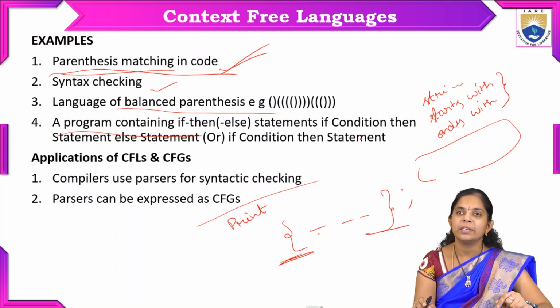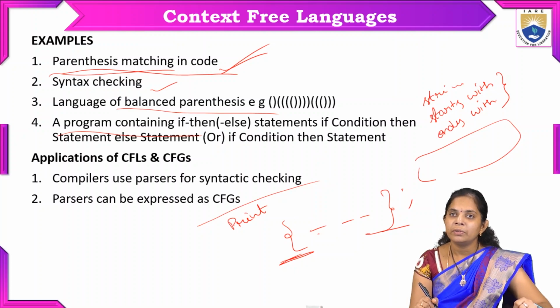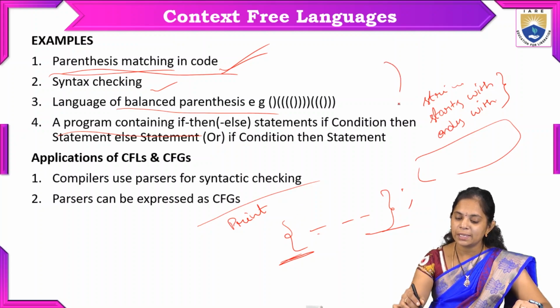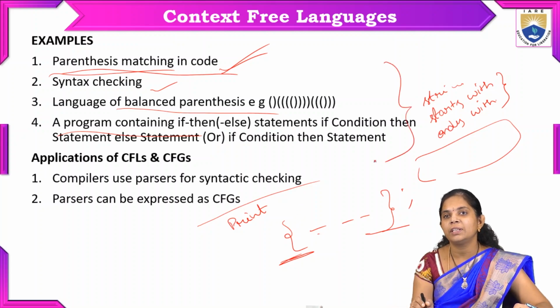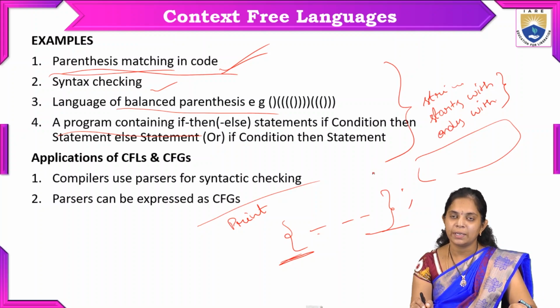If an if is there, we need to search for the statement, and we need to check for the else statement. These are all examples of context free languages used in real time.